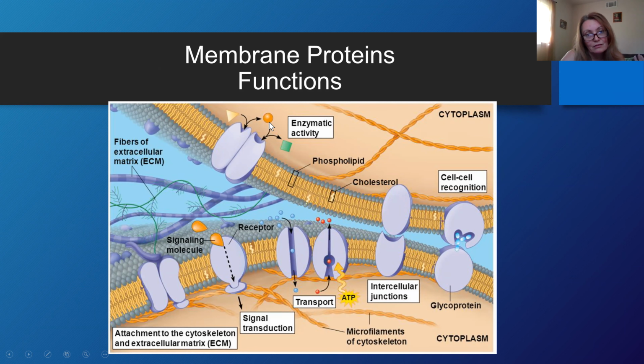So you can see over here that these transmembrane proteins are attached to the cytoskeleton inside and extracellular matrix outside, keeping your cell in a fixed position, right? So let's review again. What are the functions? Attachment, receptor, transport, intracellular junction, cell-to-cell recognition, or enzymatic activity.